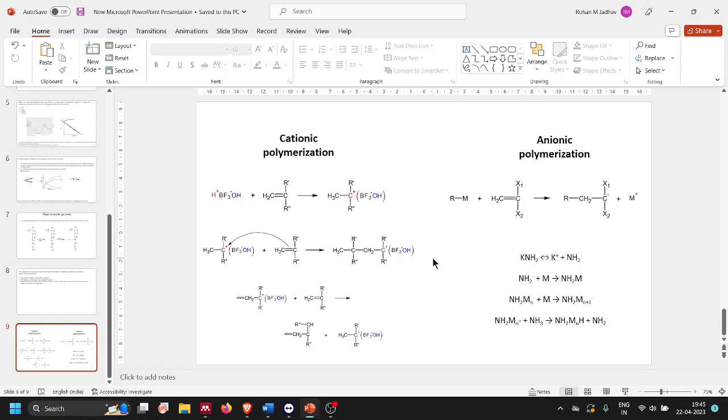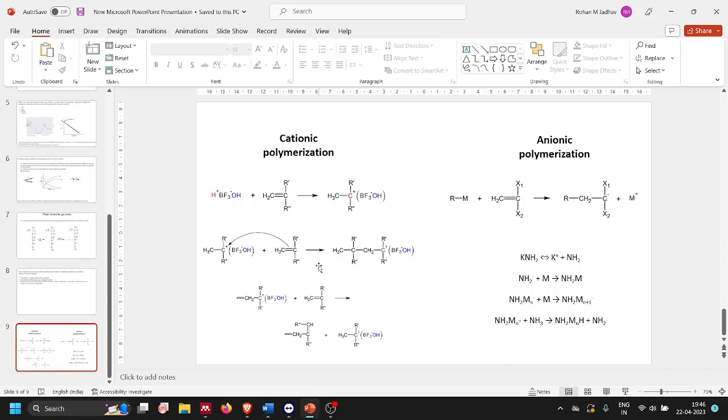This is usually done in a head to tail fashion, where the monomers are attached onto the cationic group by head to tail orientation, and then the cationic end group is always regenerated. So this will help in propagating the polymerization process even further.